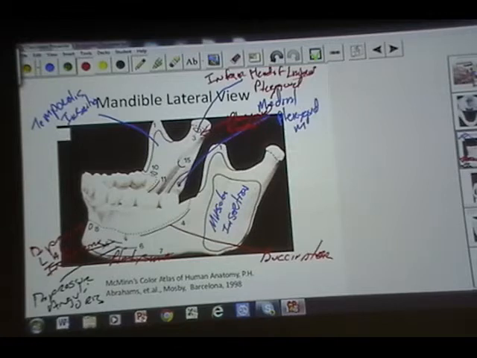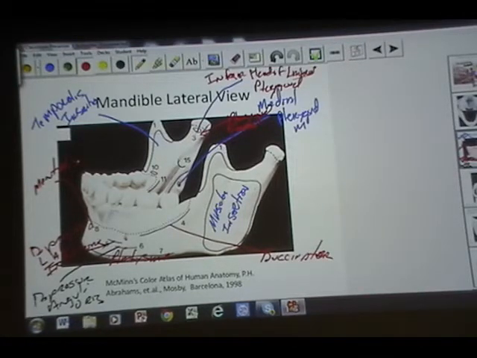So a depressor of the corner of the mouth, the depressor anguli oris, and a depressor of the lower lip, the depressor labii inferioris. And then one other muscle that we can sometimes see here is a muscle that's referred to as Pouder's muscle. This is the mentalis.